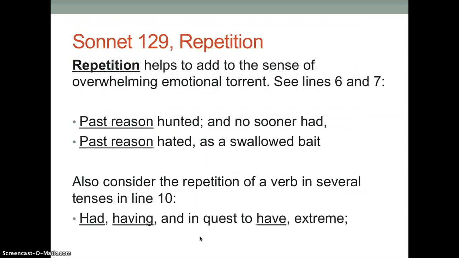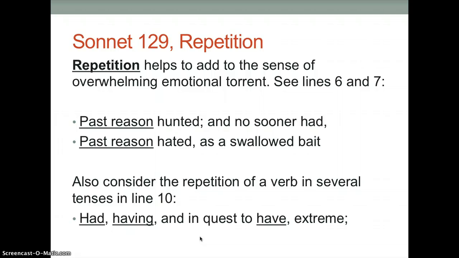Also repetition, which can of course cover alliteration and congeries, but more specifically I'm interested in the way he repeats phrases here, or words. So notice when he says, past reason hunted and no sooner had, past reason hated as a swallowed bait. So for an economical form, a sonnet, it's clearly deliberate that he repeats a phrase like past reason, and that notion that he's in a state beyond reason when he's in a state of lust.